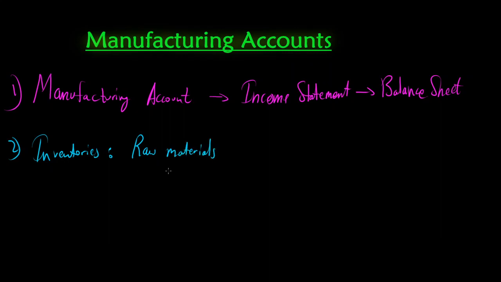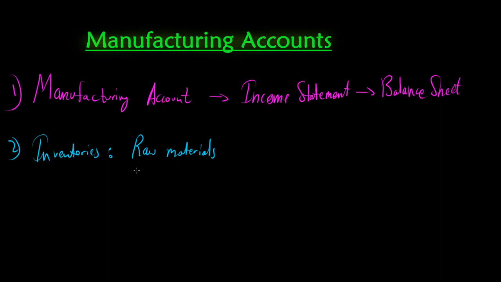What are the raw materials? The material which we use to produce our goods. Not services, of course, we're manufacturing something. So raw materials are, you can say, the natural products. So let's say wood, for example, if that's used in our production process.